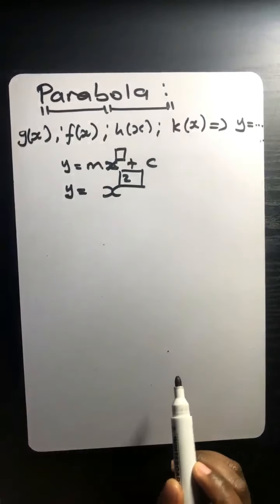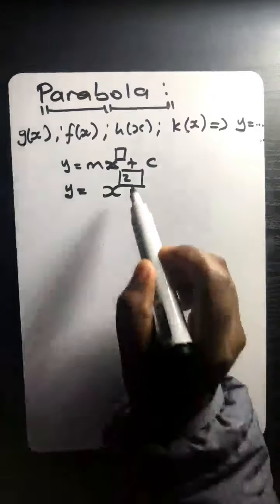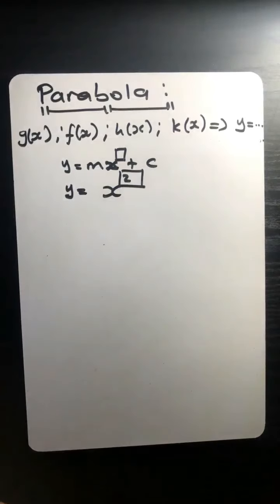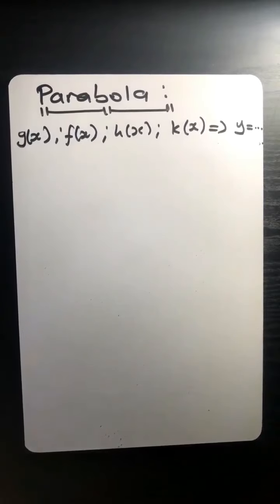So that is the difference between a straight line and a parabola. Massively important, guys, that you are able to notice the difference between a straight line and a parabola.